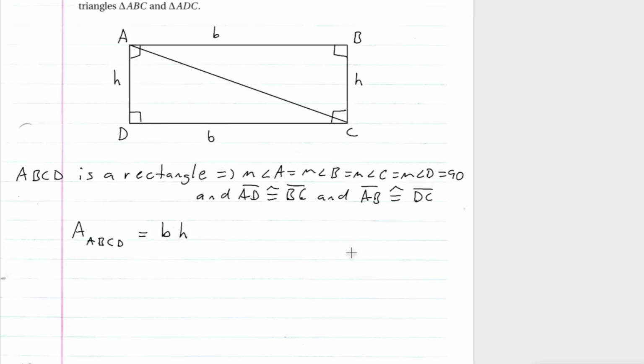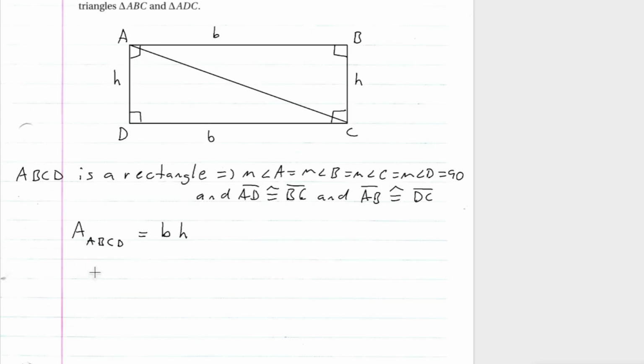So what we're trying to show is that if these two triangles are congruent, their area is the same. That means the area of each triangle would be half of this base times height. So that's the idea.